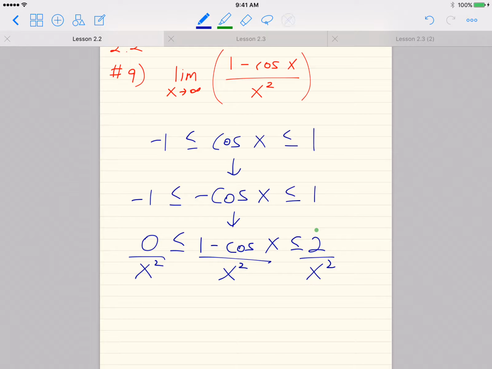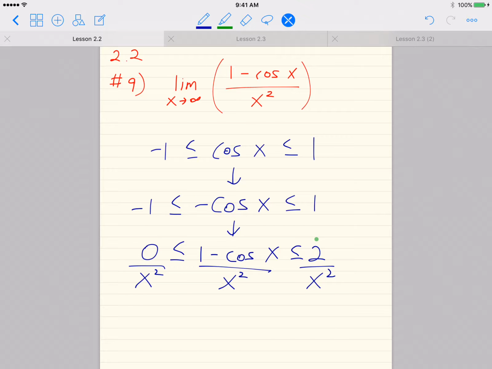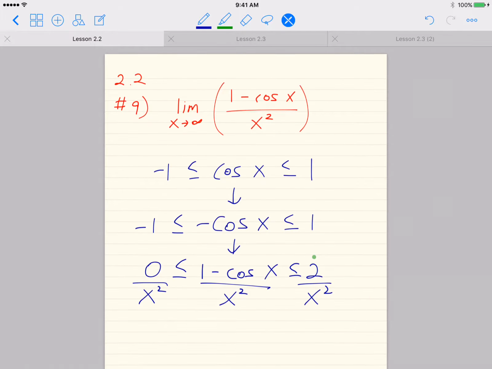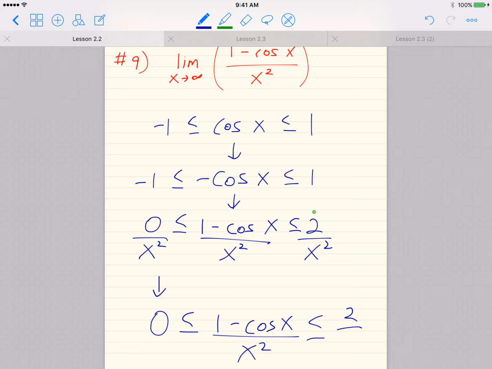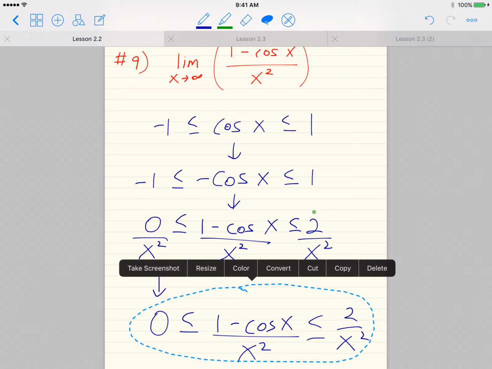So now we know that 1 minus cosine of x divided by x squared, whatever that value is, has to be in between 0 over x squared, which is just 0 itself, since 0 divided by x squared is 0, and this should be less than or equal to 2 over x squared. So we have the statement. Let me go to my next page.